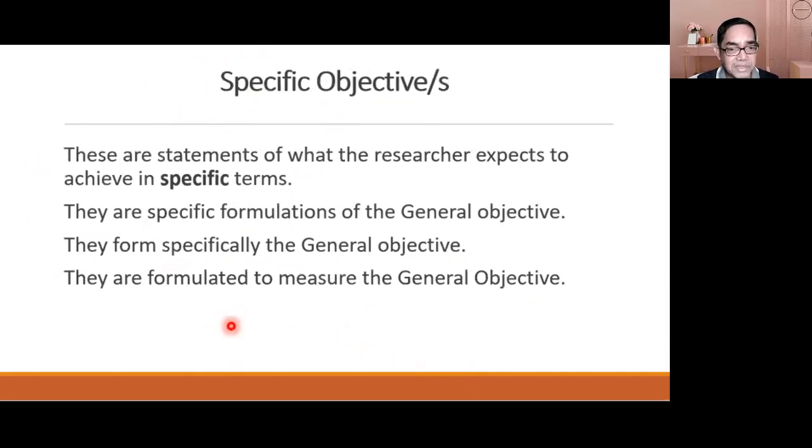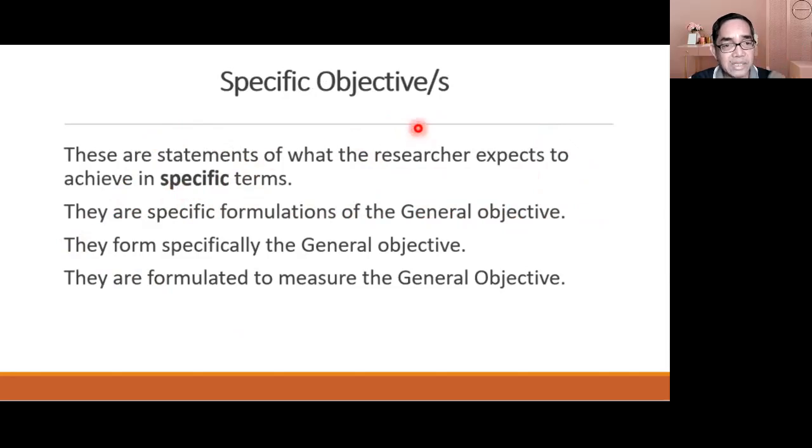These are statements that the researcher expects to achieve now in specific terms. A while ago, the general objective is a statement in general terms. That is why it's called general objective. Isn't that obvious? And the specific objective is a statement of what the researcher expects to achieve now, obviously in specific terms.